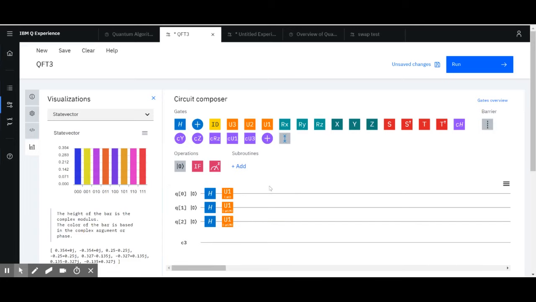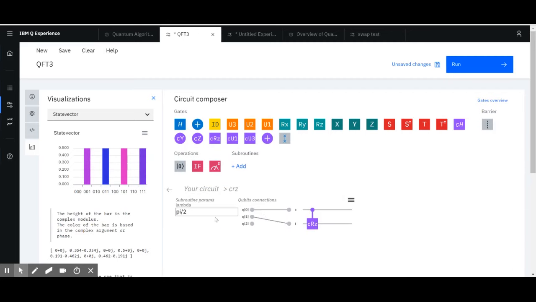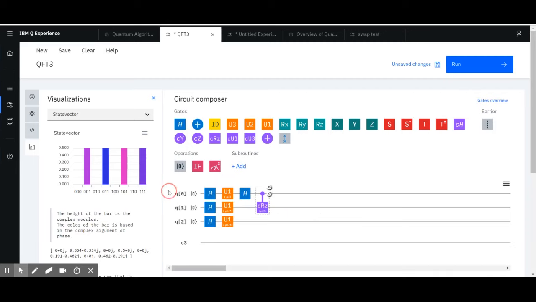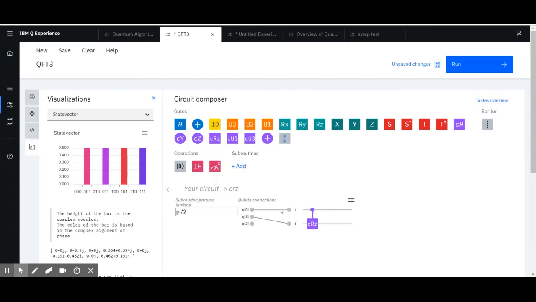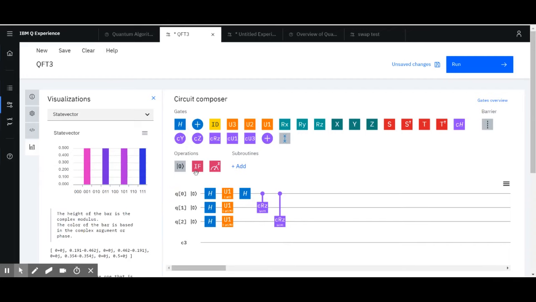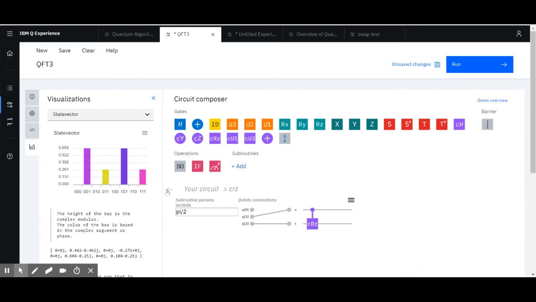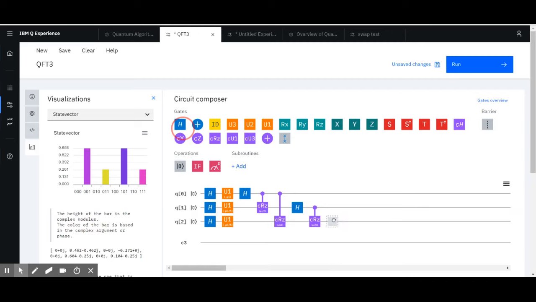And if I now apply the gates as they are written there, it's basically pi divided by 2. Here we've got to do something like this: pi divided by 4, and then another one, and then pi divided by 2, and then another Hadamard.